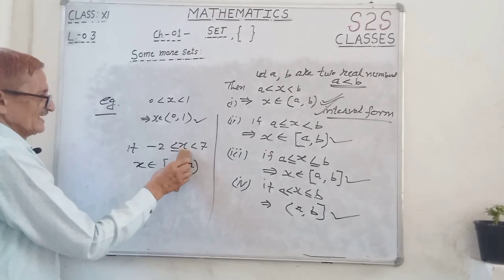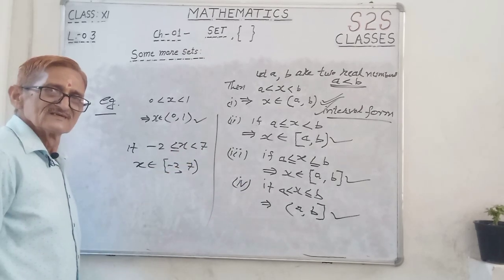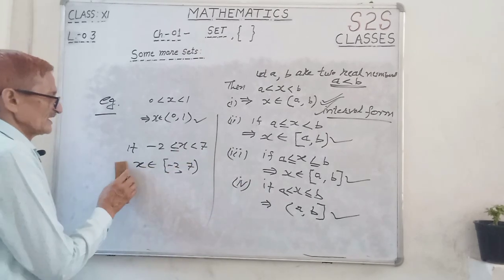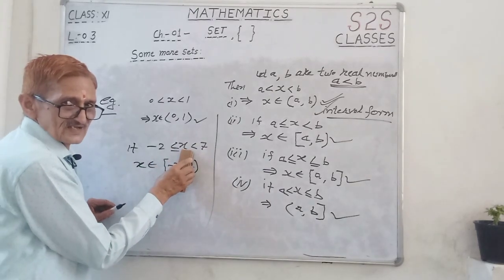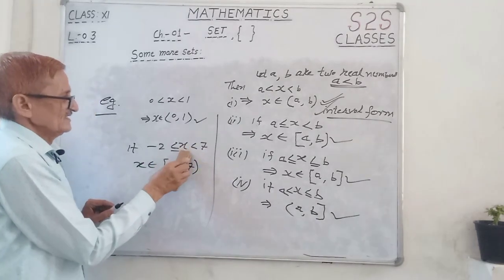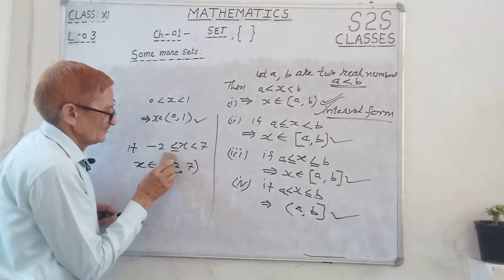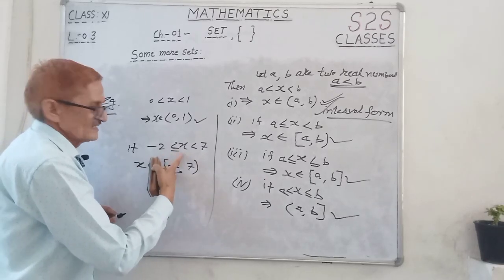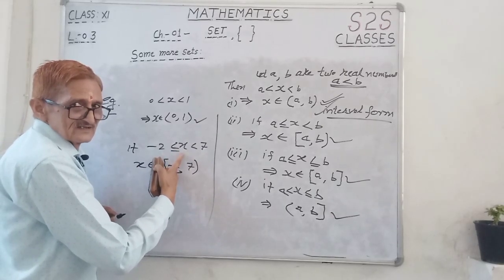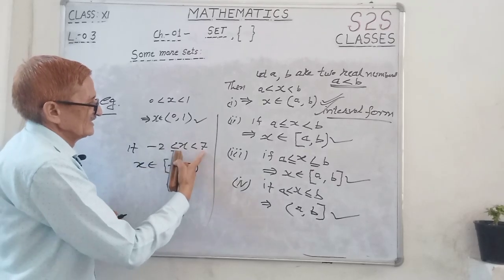So we can write x greater than equal to minus 2 and less than 7. Okay, and set builder form we can make from this: x such that x is a real number, comma, x greater than equal to minus 2 and less than 7.